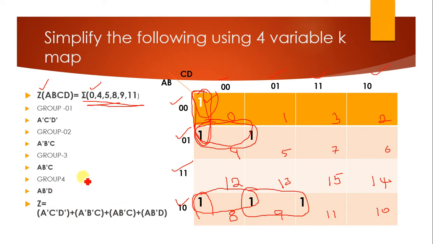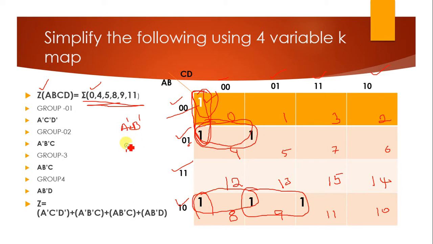So let us take the first group, that is AB is 0 0, CD is also 0 0. There you have got 1 where it is 0. Then similarly there is a shift in B dash. So this combination is A dash B dash, whereas CD will not change because this is a vertical row.